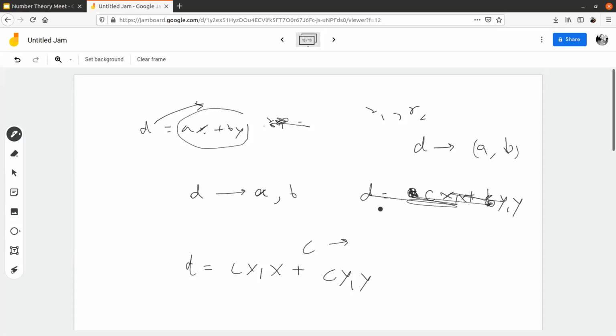So I'm saying that C is basically the common divisor of A and B, and I by default get that C also divides D.